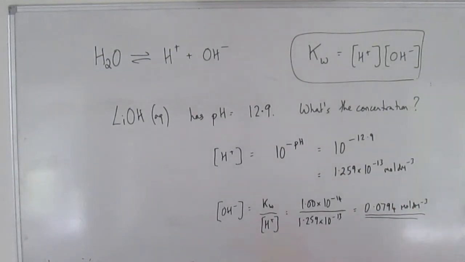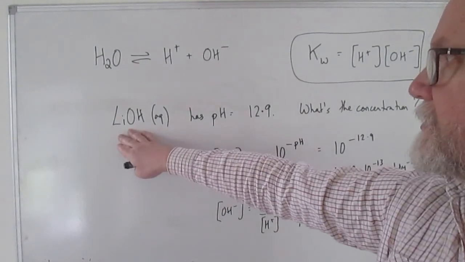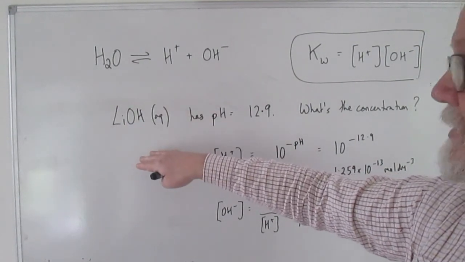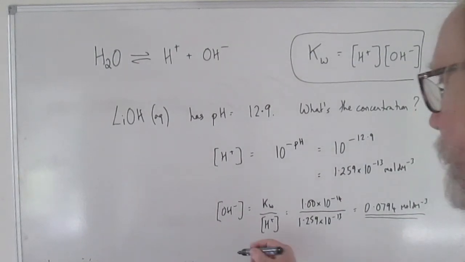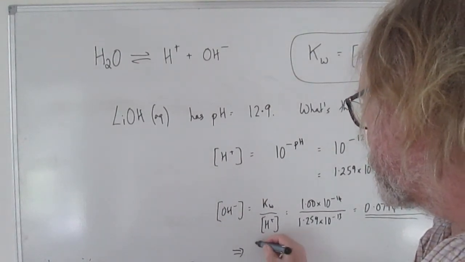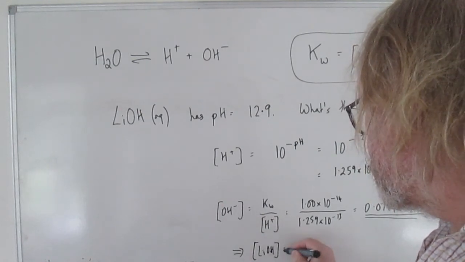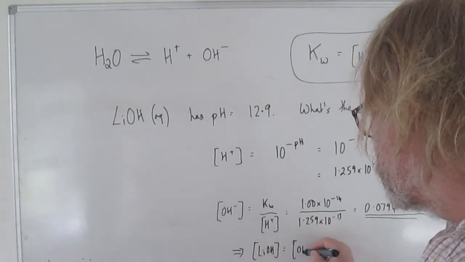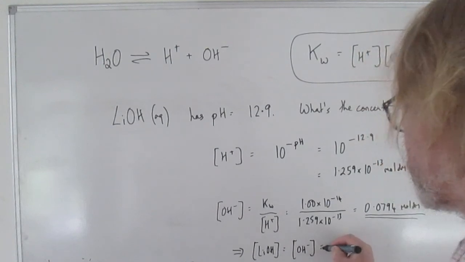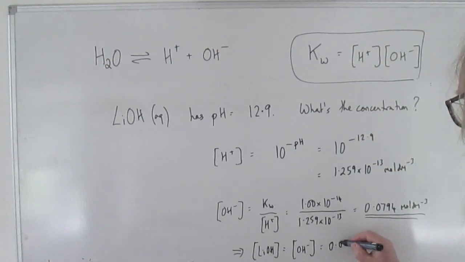So that's the OH- concentration, but as we've said, these are ionic compounds. They're completely broken up into ions, so each mole of lithium hydroxide will give you a mole of hydroxide ions in solution, and therefore we can say that the concentration of LiOH in this case is the same as the concentration of OH-, which is 0.0794 moles per dm cubed.